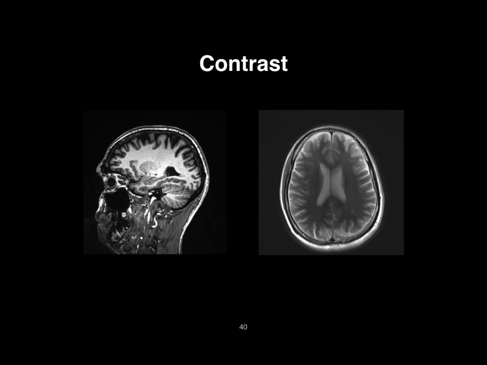But what we are actually looking at here is the response of the protons over time to different ways of essentially encoding the signal and then detecting them after different amounts of time. Okay. So there are two basic types of contrast that we utilize in MR. And there are lots of others, and there'll be lots of other talks. We'll talk about those. But the two basic ones are what's called T1 and T2.